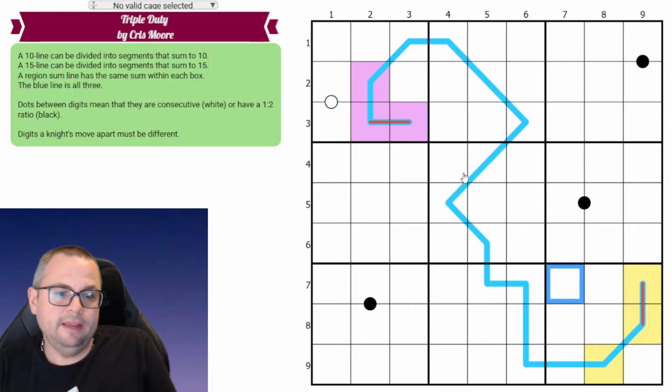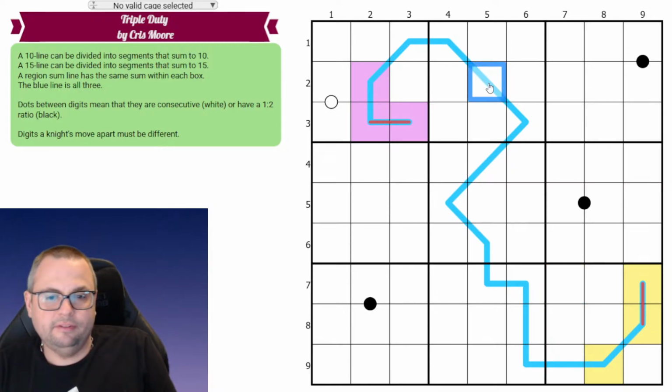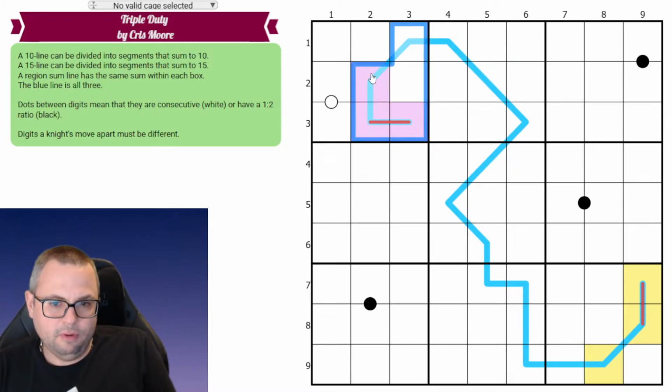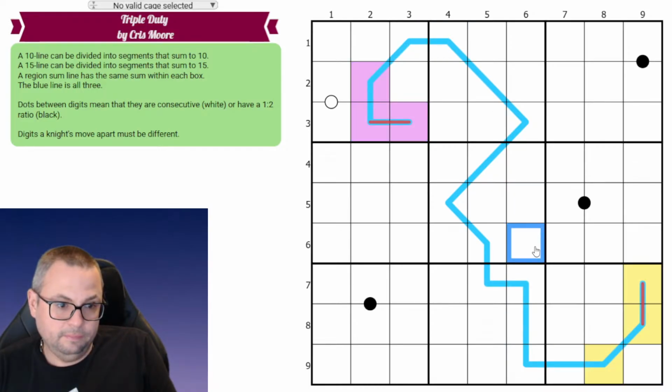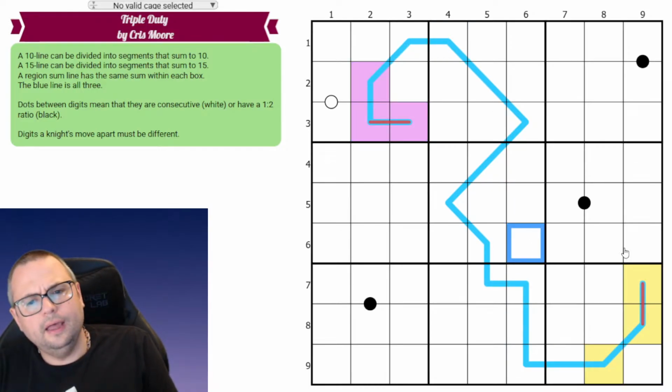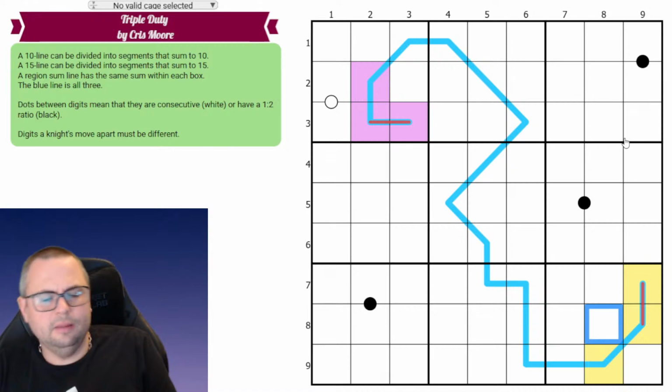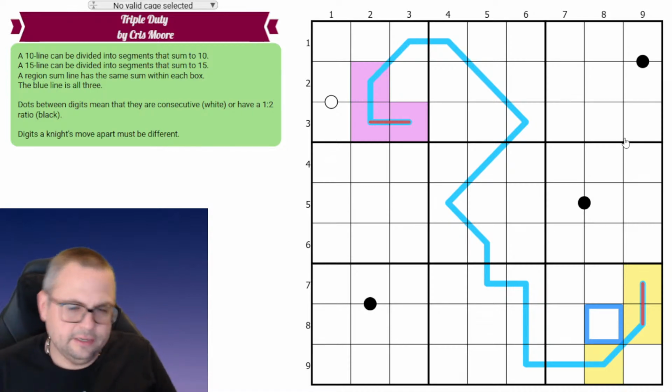So maybe I should min the sum of the whole line. The minimum of the sum of the whole line, if I go by box, is 10, 20, 30. Yeah, that's way not enough. And there aren't any columns or rows with a lot of things.